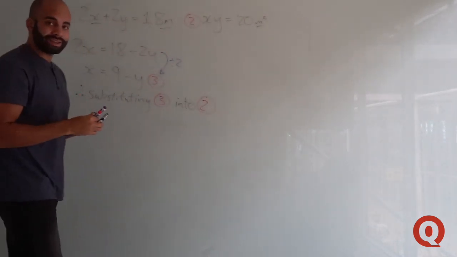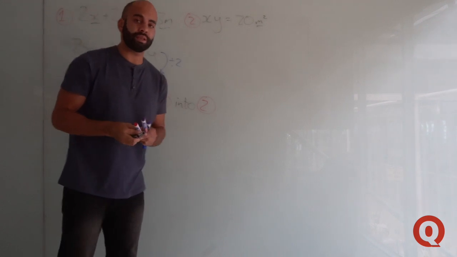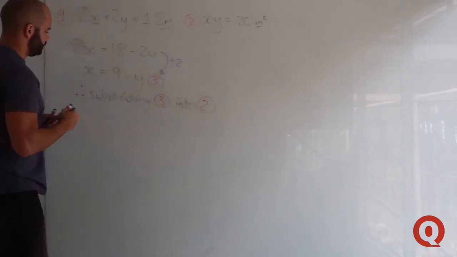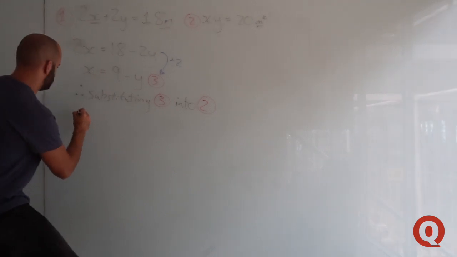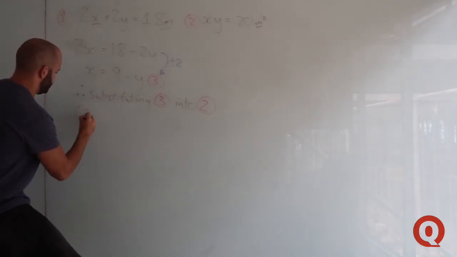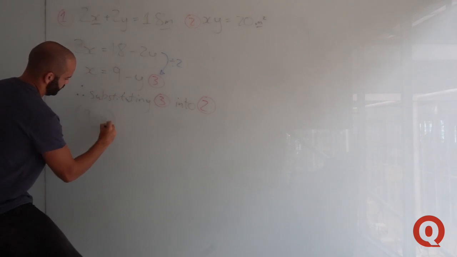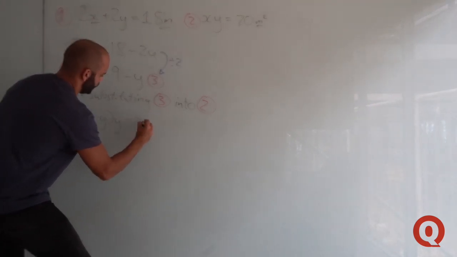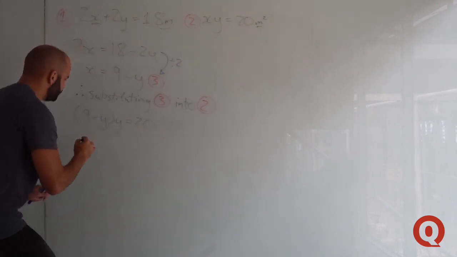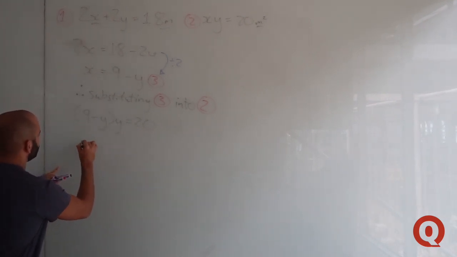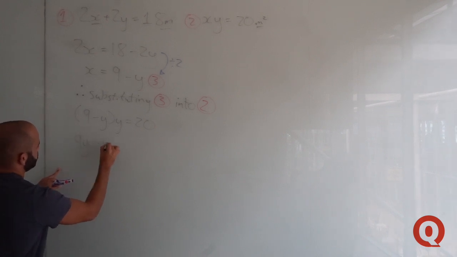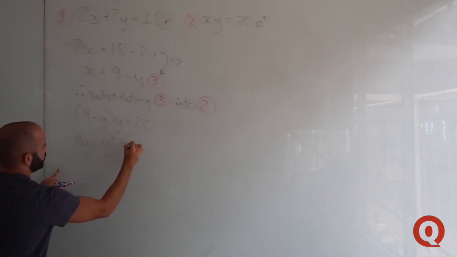So whenever you see x in equation 2, you're going to substitute in 9 minus y. So you've got 9 minus y multiplied by y equals 20. Expanding this out further, multiplying y in, you've got 9y minus y squared equals 20.